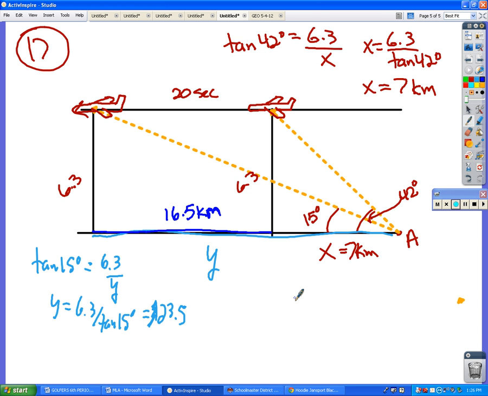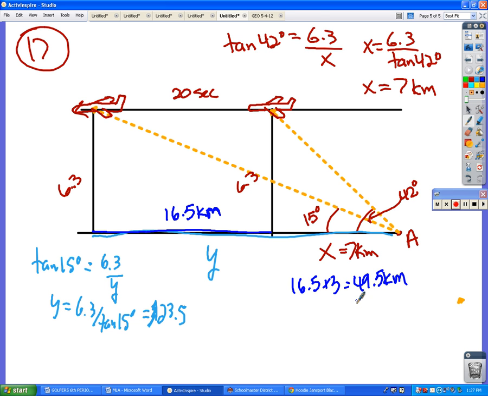Let's take this step by step. If it took 20 seconds for it to go that far, how far would it go in a minute? So if you go 16.5 times 3, then that means it would have gone 49.5 kilometers in 1 minute. How do you take that and figure out how fast it's going in kilometers per hour?